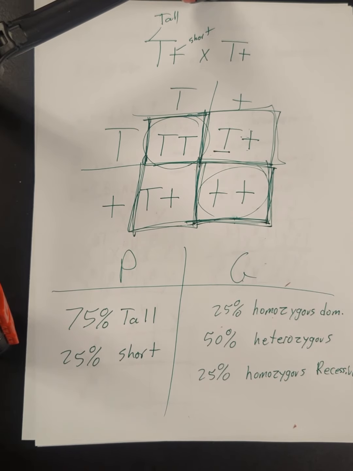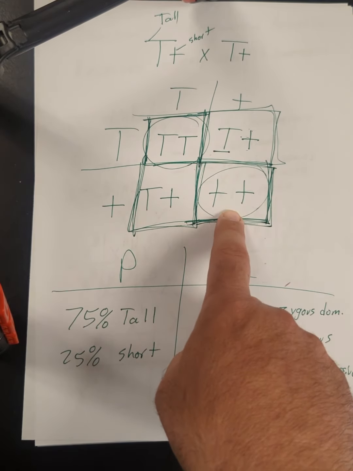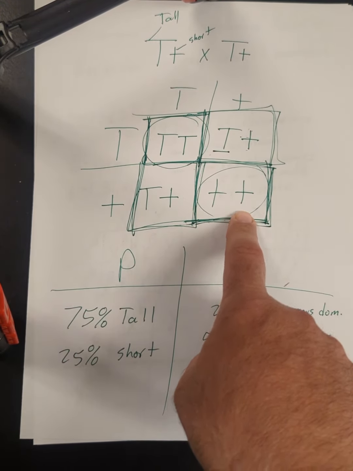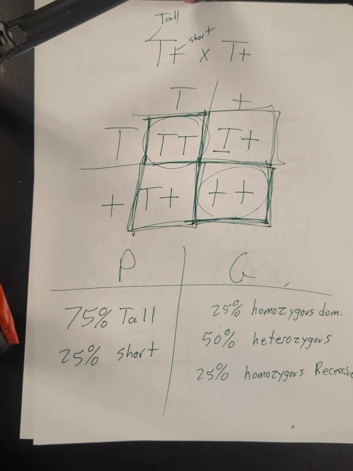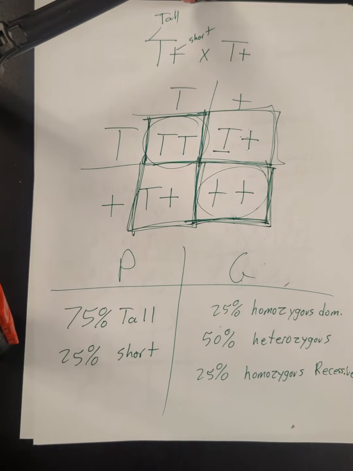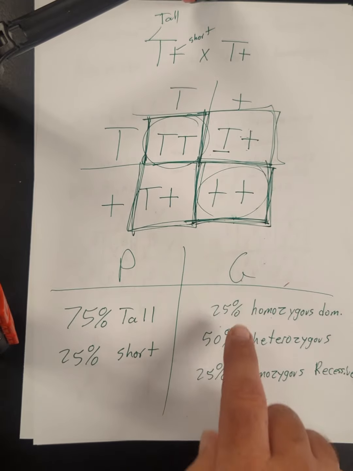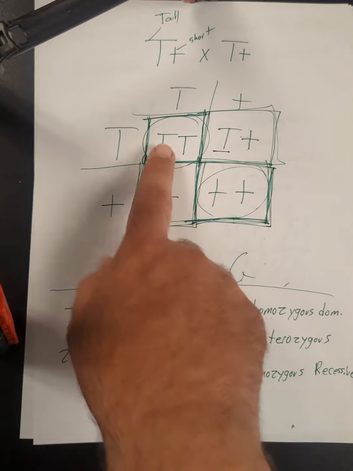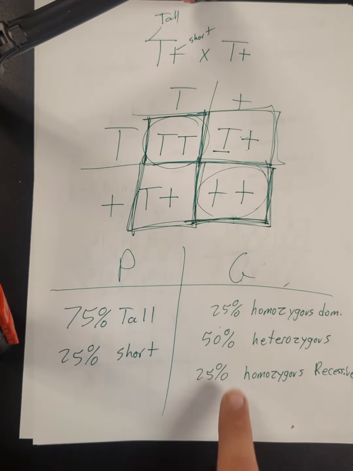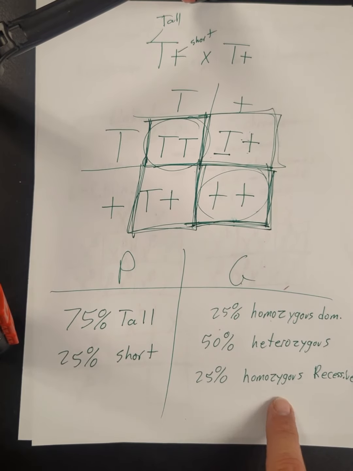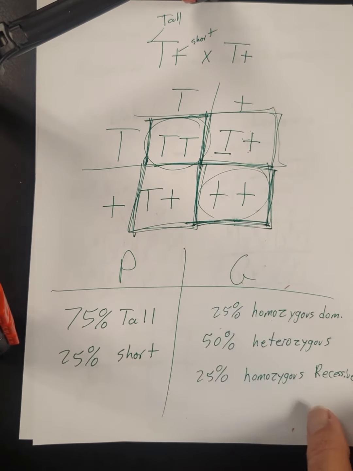Now this could be useful because if you want short plants or tall plants, then you could cross these two plants and you will always get short plants. Okay, that's how you get like dwarf varieties of different plants and stuff. All right, genotype though, 25% of them are homozygous dominant. 50% are heterozygous, and 25% are homozygous recessive. Okay.